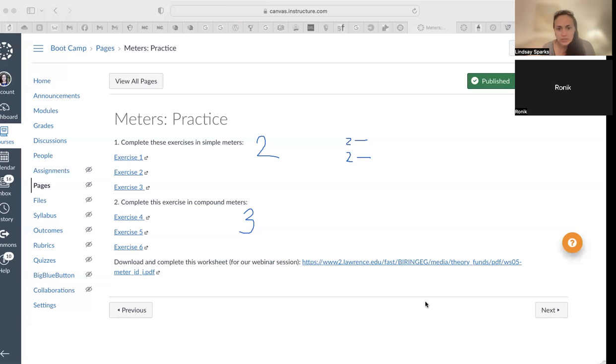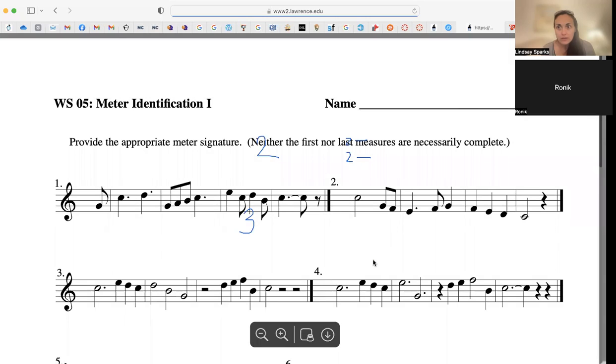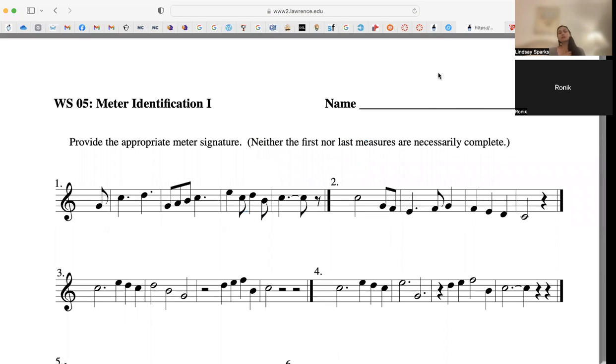The worksheet for this, just to quickly go over that, and I'll erase these. There we go. The worksheet here was to give the meter signature. So which meter did we give to number 1? Tricky.